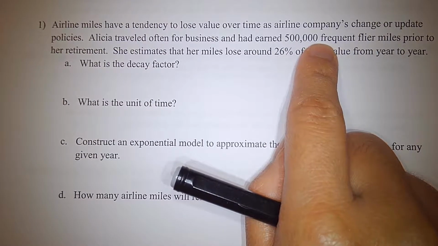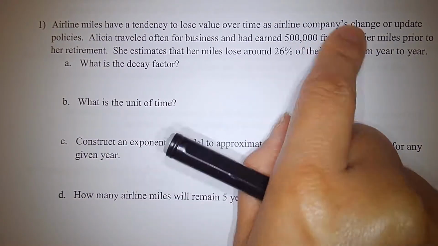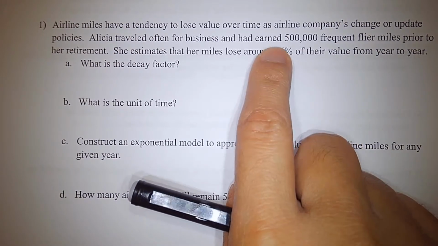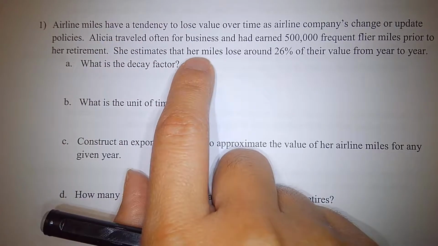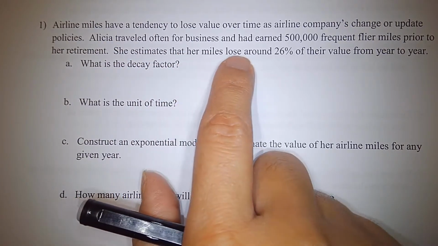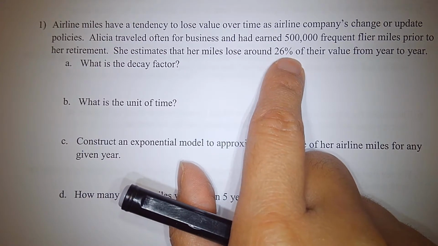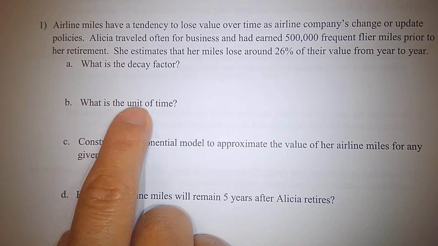500,000. What is this? The initial value since retirement, right? And after retirement, she expects that her miles will lose 26% from year to year. So what is the unit of time?